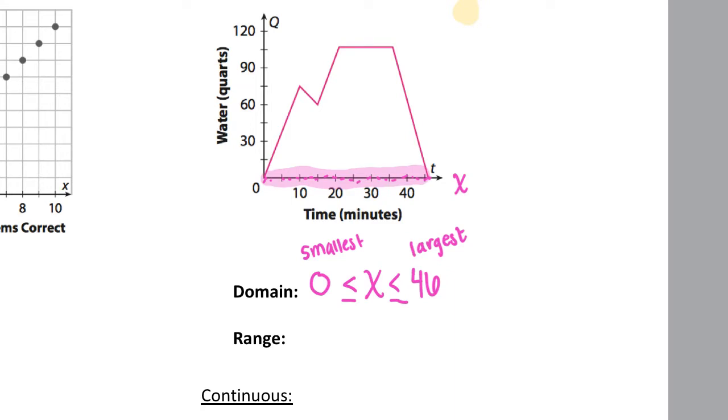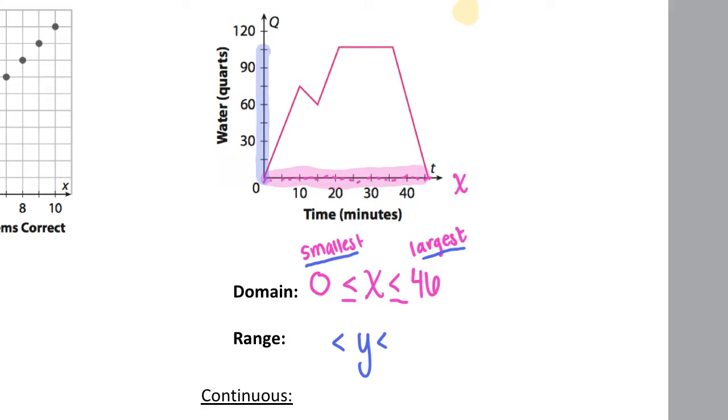Let's check out the y values and talk about our range. Remember, the only difference when you write your inequality for your range is you put a y in between. We'll still start with that our y is bigger than something but smaller than something else. And just like with domain, you'll put your smallest y on the left, your largest y on the right. Take your highlighter and highlight the lowest y value that the graph takes on. It includes all these y values up until right there.